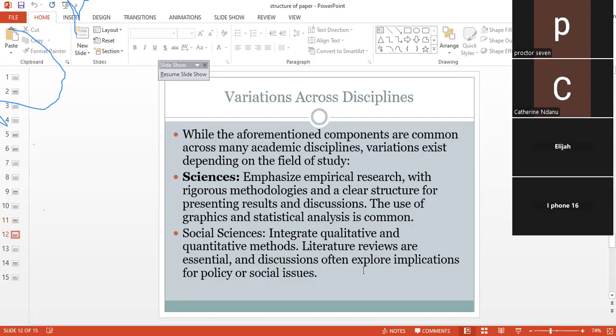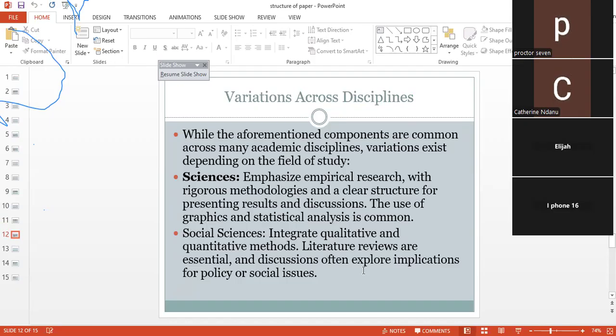Yeah, so there are variations across disciplines. While the aforementioned components are common across many academic disciplines, there are variations that exist. For example, in the sciences, they emphasize empirical research with rigorous methodologies and a clear structure for presenting results and discussions. The format that I've just presented is mostly for the empirical or natural sciences.